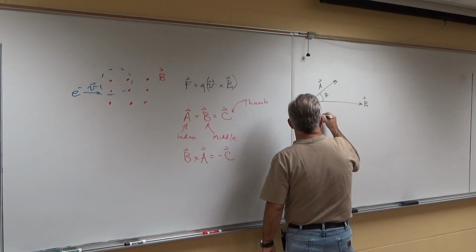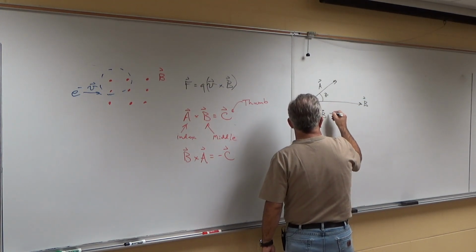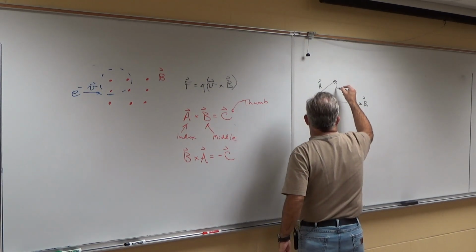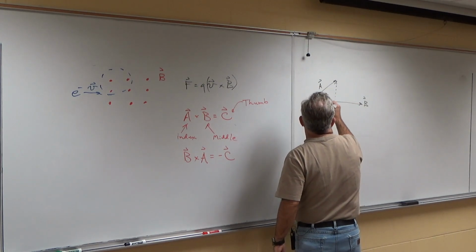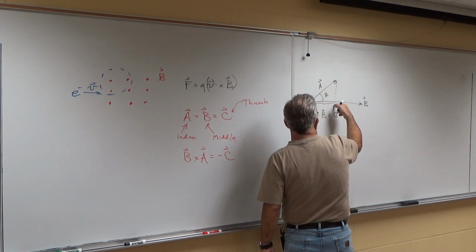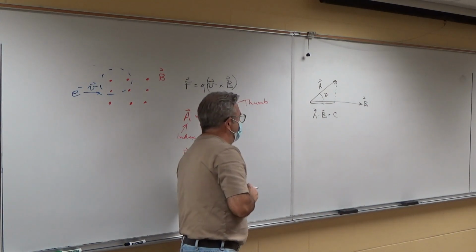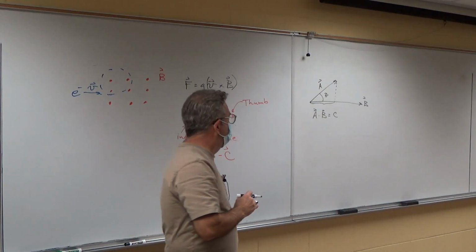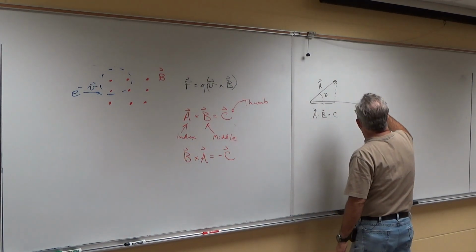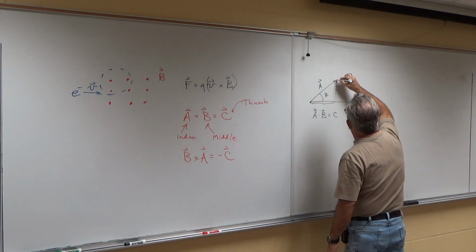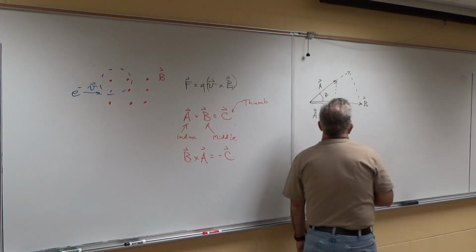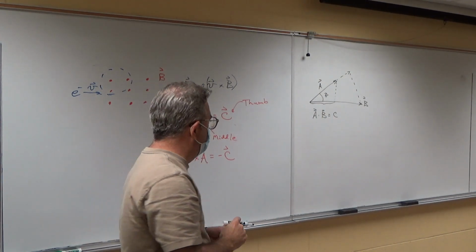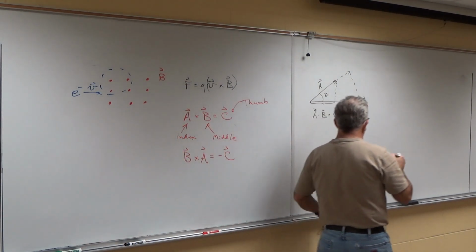Then A dot B was a scalar, call it C. That was the projection of A onto B, and you multiply it together. Or it's the projection of B onto A. Doesn't really matter.